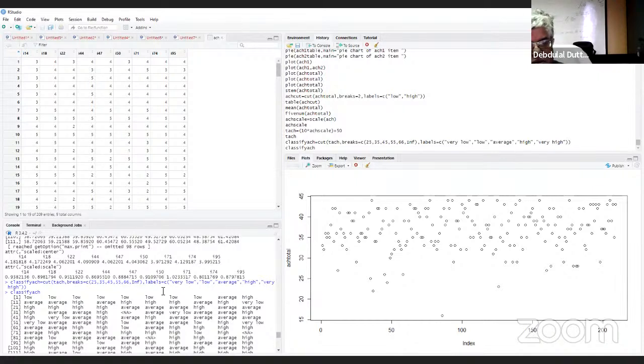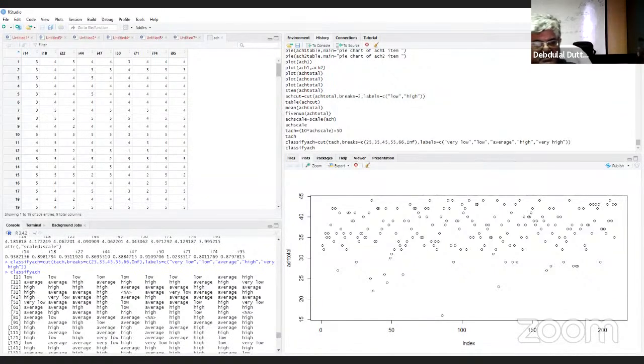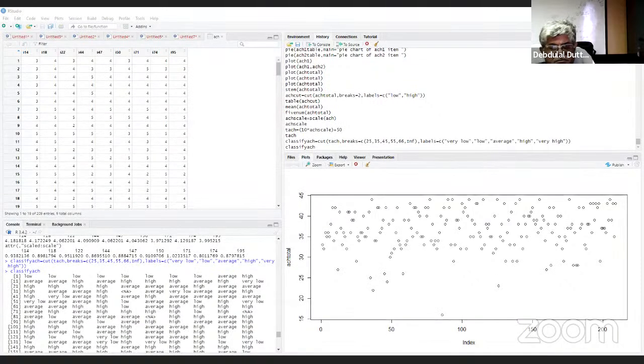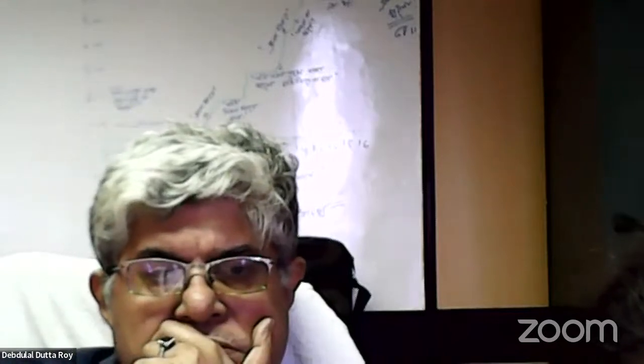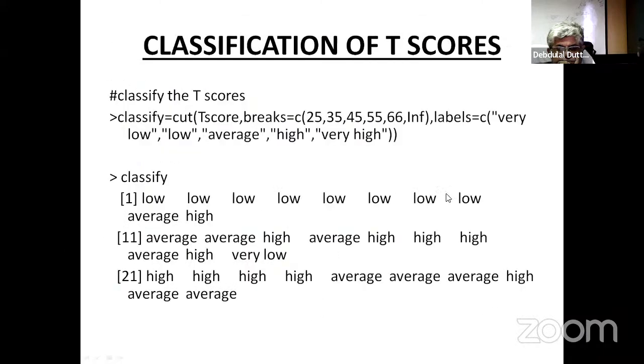Okay, as per this classification, 25 to 35 and this. Okay. So after classifying the T-scores, the next step is the classification of the range of the total score. Okay, this is the classification of T-score.